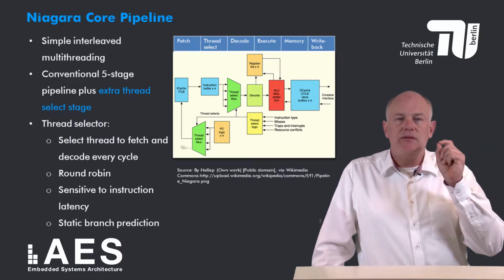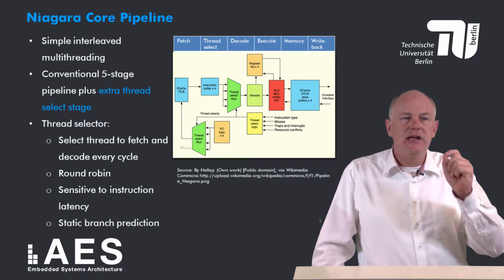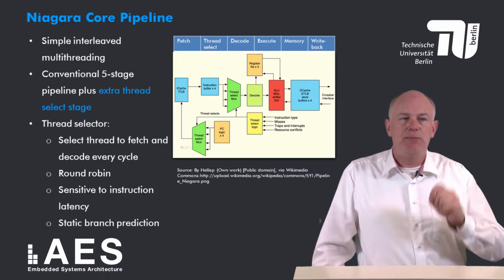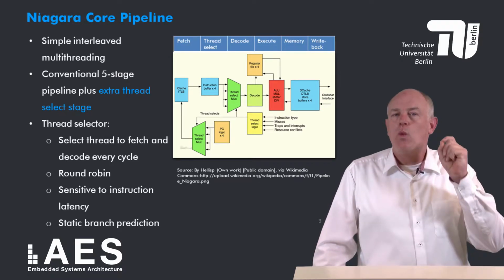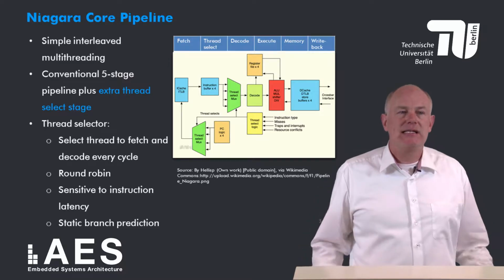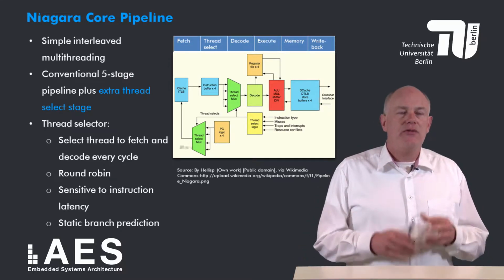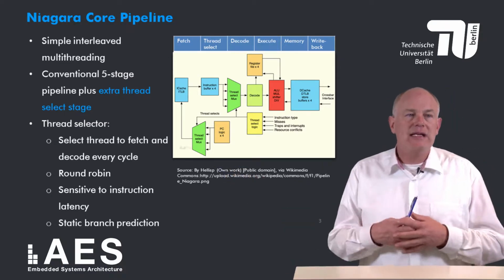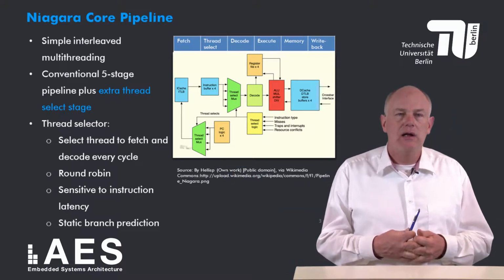It implements fine-grained, interleaved multithreading, and it uses the canonical 5-stage pipeline plus one extra stage called the thread select stage. And the thread selector selects the thread to fetch and decode every cycle.